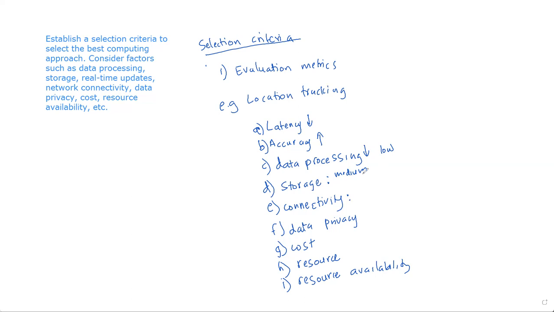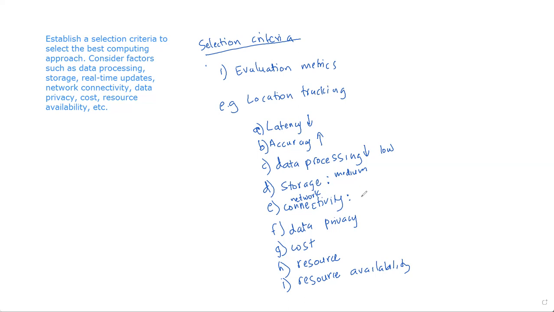Then the connectivity. The connectivity here is the network connectivity. If some network connection failures happen, does this application get affected? Yes, it will get affected, right? So we need higher network connectivity. We cannot address link failures, so we need to avoid network failures as much as possible.